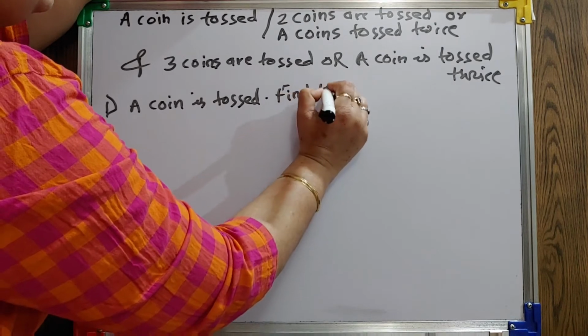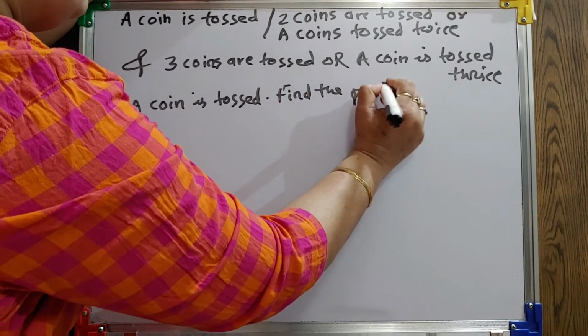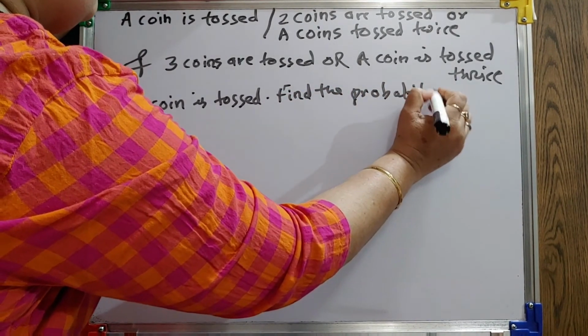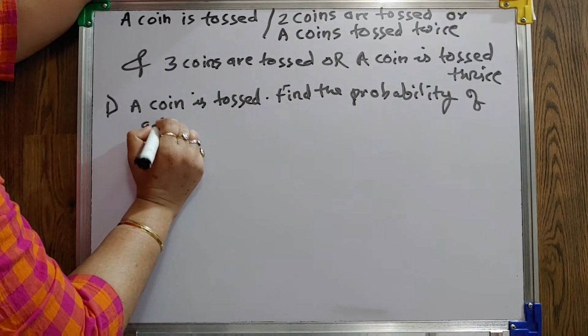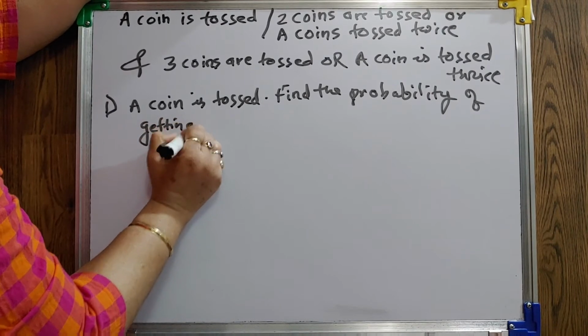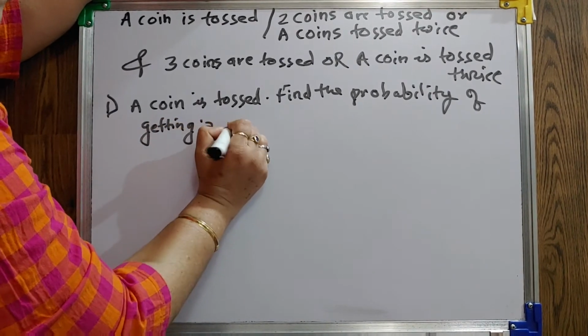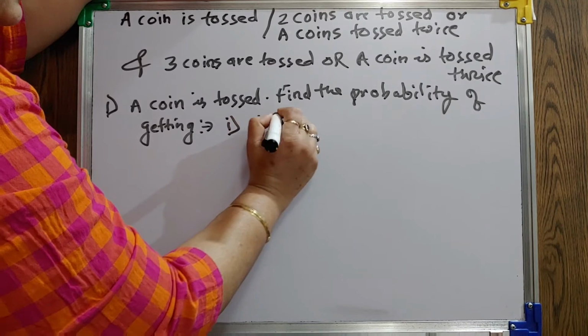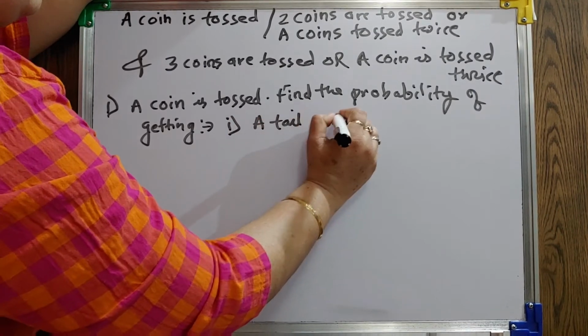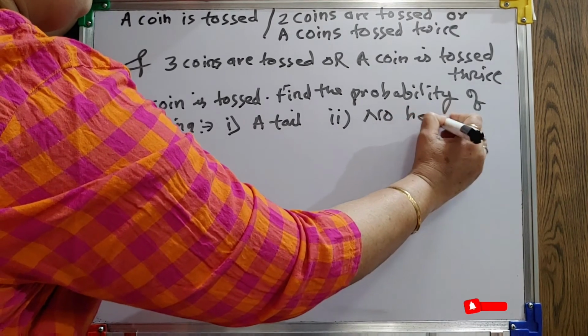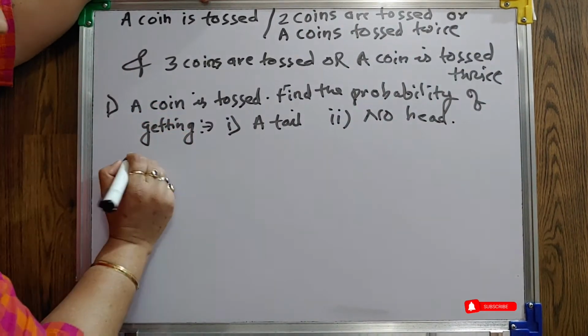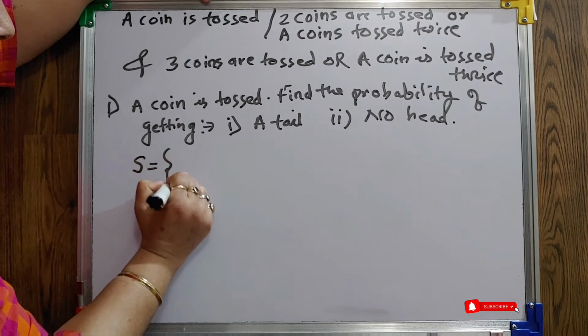Find the probability of getting a tail, no head. So first we will deal with the sample space.